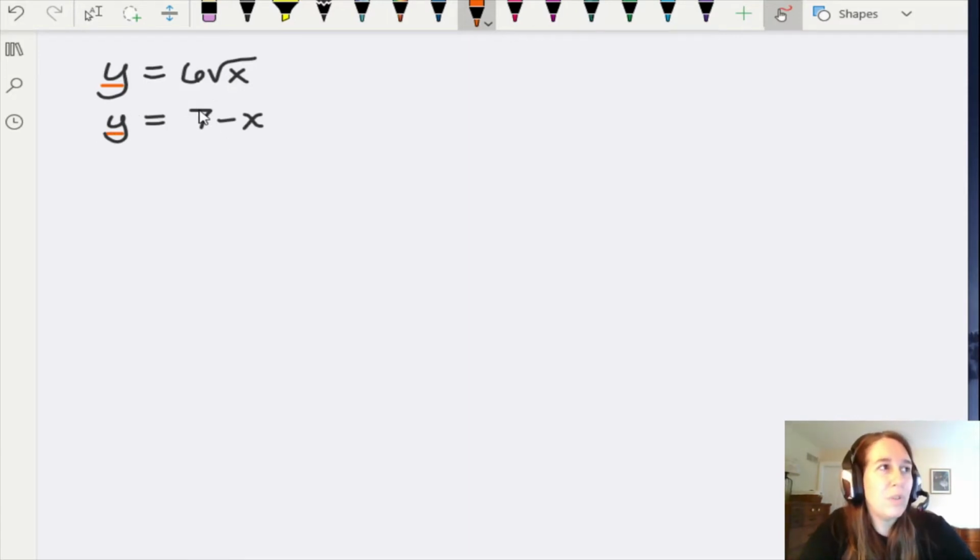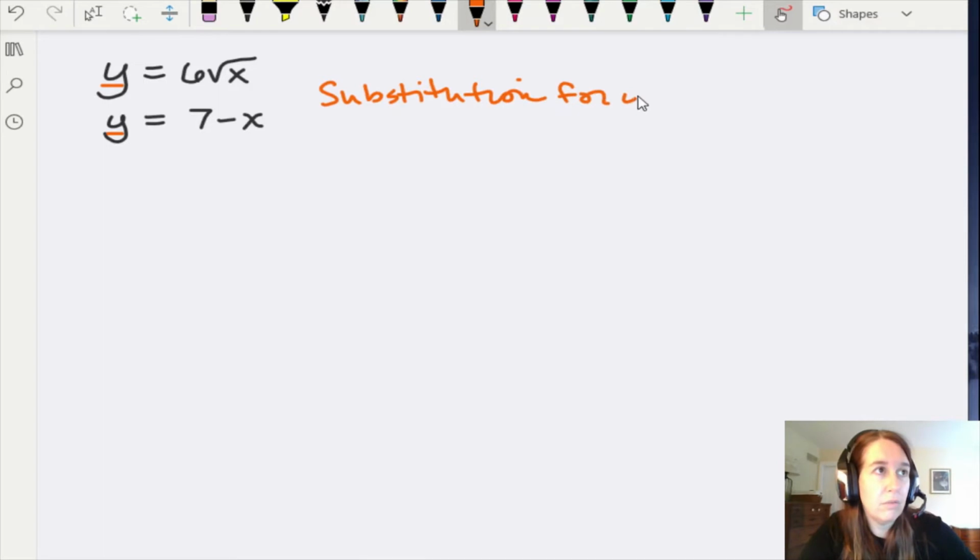So that's really a use of the transitive property, if you remember that from geometry or something else from previous. But it is a substitution. So we could say this is a substitution for y. So 6 square root x is equal to 7 minus x.